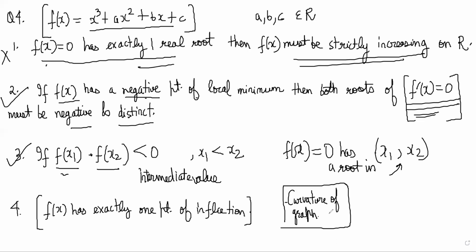Sir, when it changes concavity. Concavity? How will you decide concavity? Sir, is it when f dash x does not change sign? f dash x equal to 0, the value of x, when we put it into f dash x, it does not change the sign. So that point.